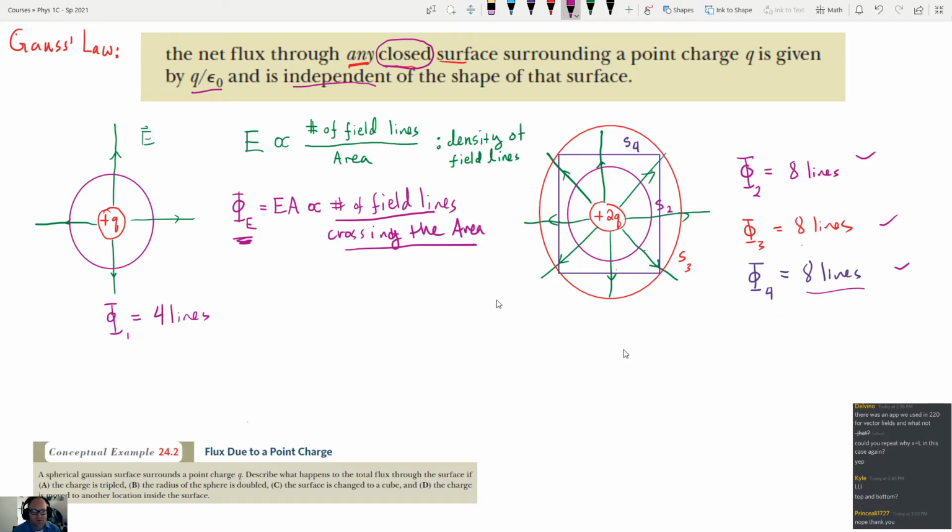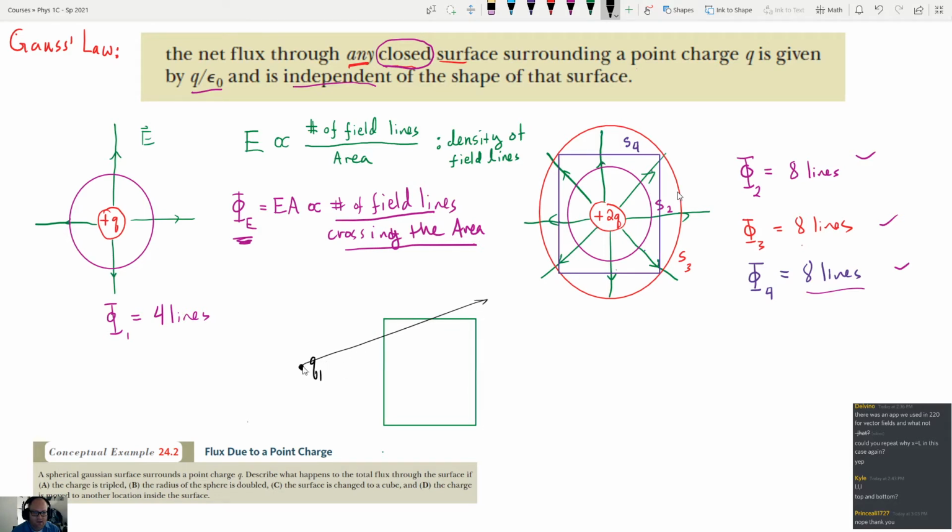So what about this? Suppose I take a charge and I put it right here, and then I give you another surface. Again, let's use a cube because it's easy to think about. So now we've got our field lines, and I'm going to draw extra field lines for this one.